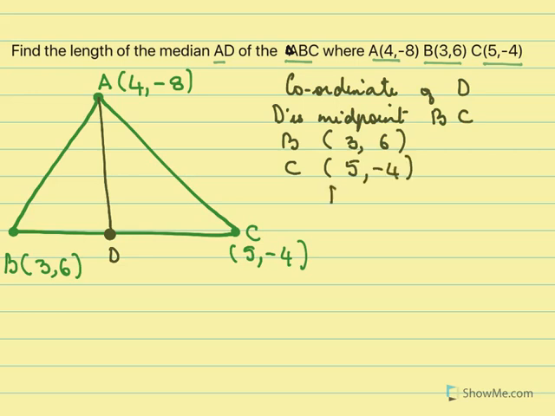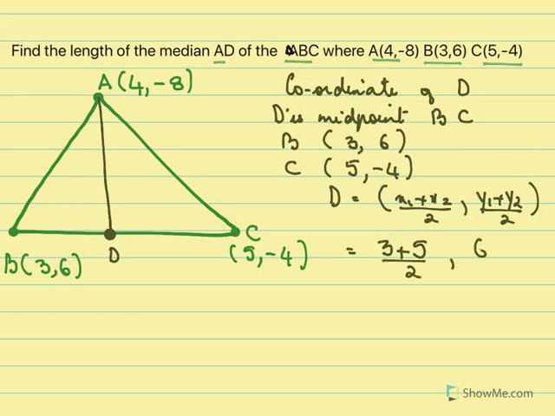So the coordinates of D will be x1 plus x2 divide by 2, y1 plus y2 divide by 2. That's the formula for midpoint. That is 3 plus 5 divide by 2, 6 minus 4 divide by 2. So D will be 8 divided by 2, that is 4, and this is 2 by 2, that is 1. So this point is (4, 1).